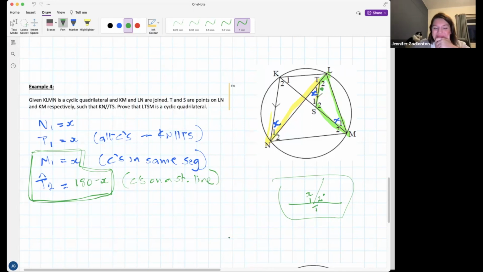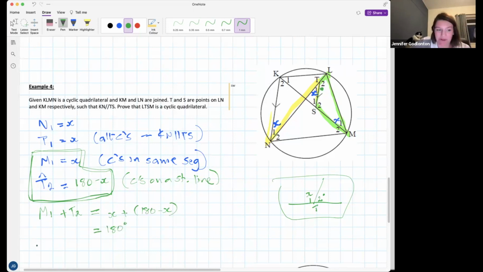That opposite angles equal 180. Yes. Okay. So now we're going to be careful with how we write this because we don't know that it's cyclic yet. So we're going to say, okay, M1 plus T2 is equal to X plus 180 minus X. Okay. And that's equal to 180 degrees.